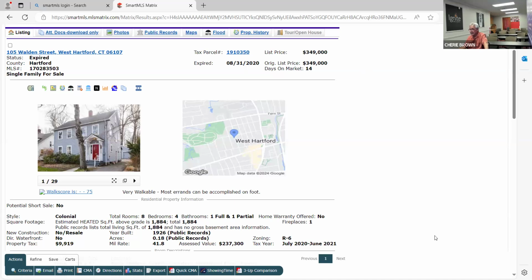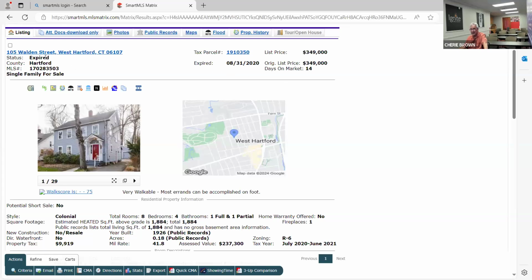Try to stay within the same area, within a mile or 2 or 3 of your subject property, or do it by zip code. It's going to depend. In West Hartford, because of the size of the community and the number of zip codes and locations, one of the things we will search is properties in this particular zip code.